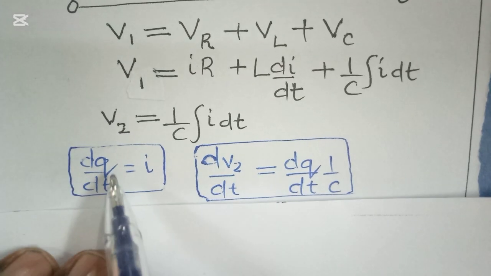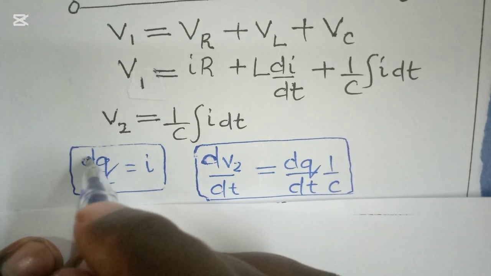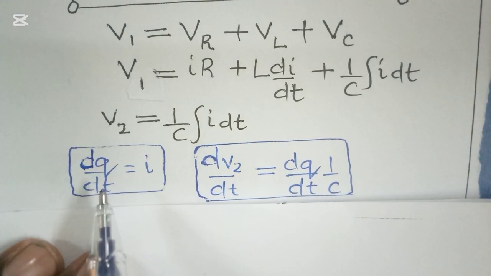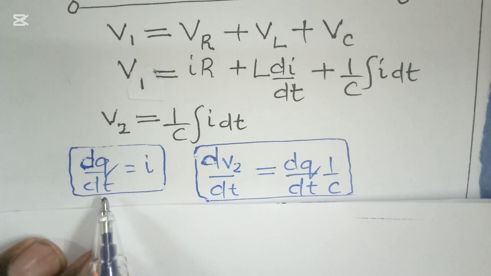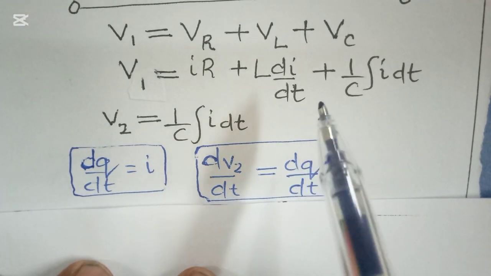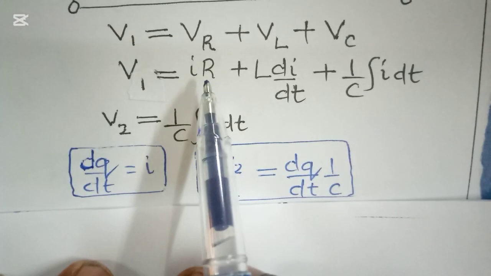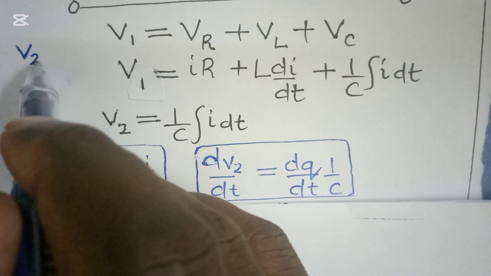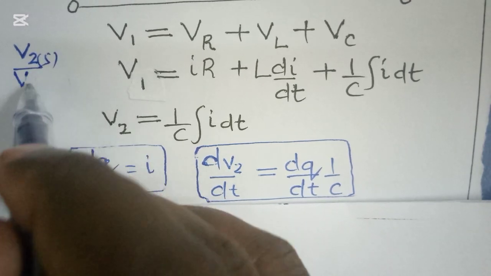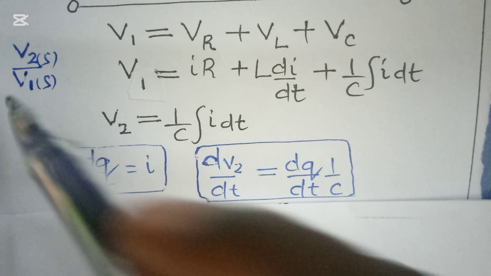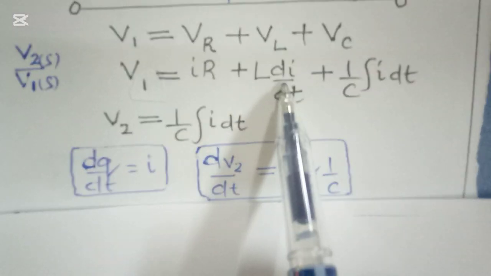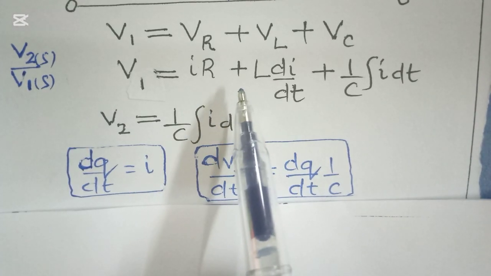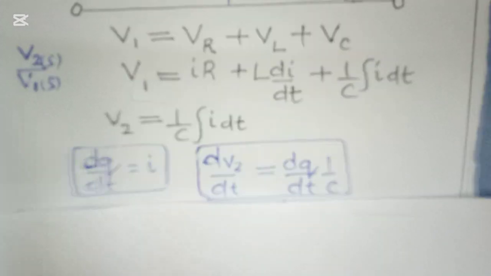The equation you see here, dq/dt, is the definition of current, where we say that current is the rate of flow of charge. What we are looking for is V2(s) over V1(s) as our transfer function, so we are going to express all these terms in terms of V2, before we go to V2(s).